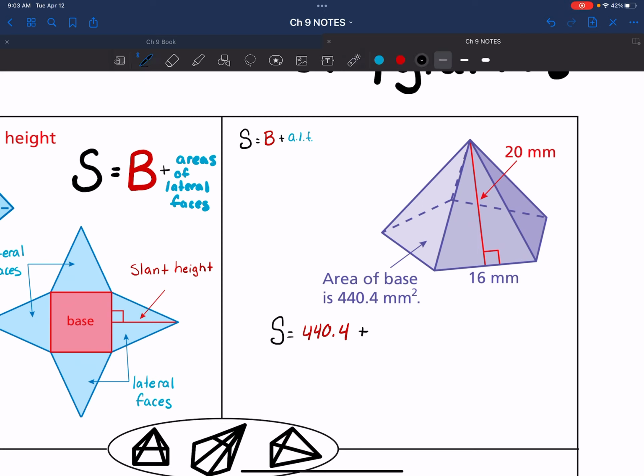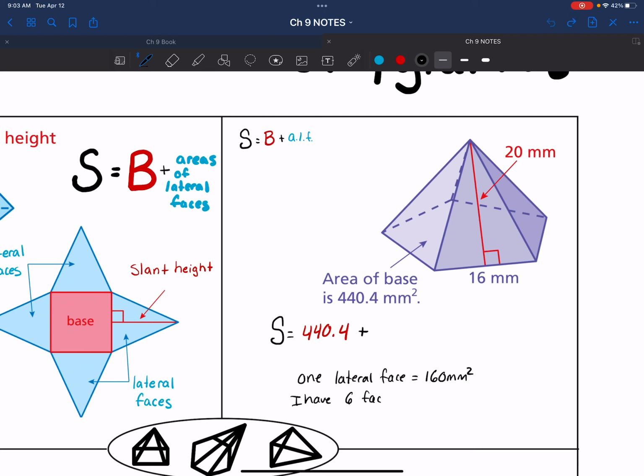Okay, so when I take 16 times 20 and then divide it by 2, I got 160. So I'm going to write over here, 1 lateral face equaled 160 millimeters squared.